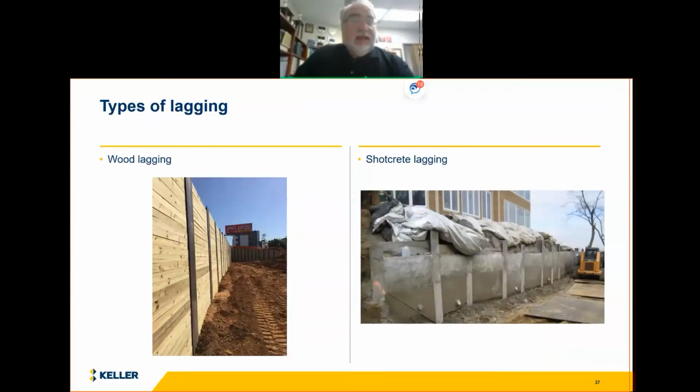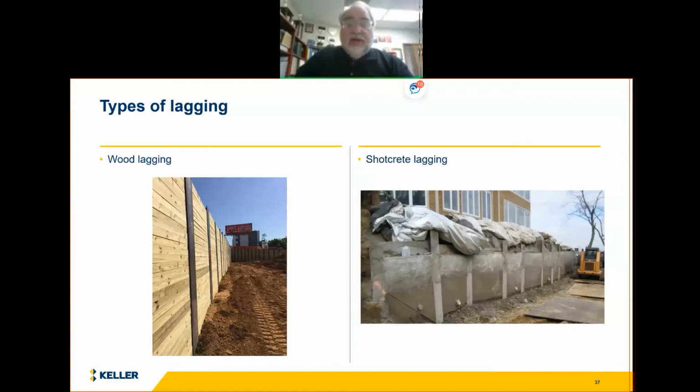Different types of lagging include wood lagging, which you see here on the left. It can be treated and used as a permanent solution. I've got some projects that were done in the early 80s with treated lagging that are still serving very well. On the right here, this shows a shotcreted lagging.